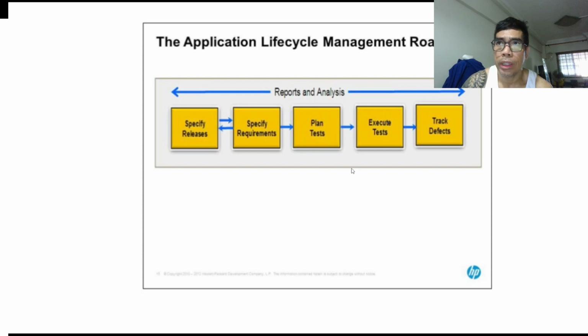First, specifying release. For example, you have a request from a user for a bug fix. Once they report it, you should determine that there will be a release or implementation date for that one. What if there are two more requests?